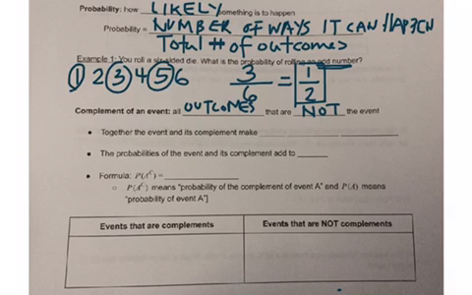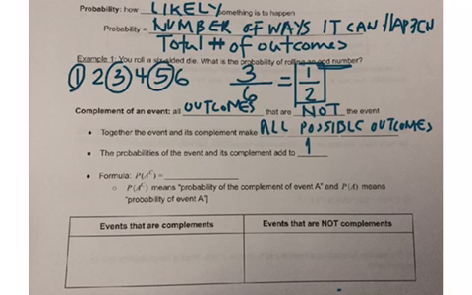Together, the event and its complement make all possible outcomes. The probabilities of the event and its complement, because it's all possible outcomes, add to 1.